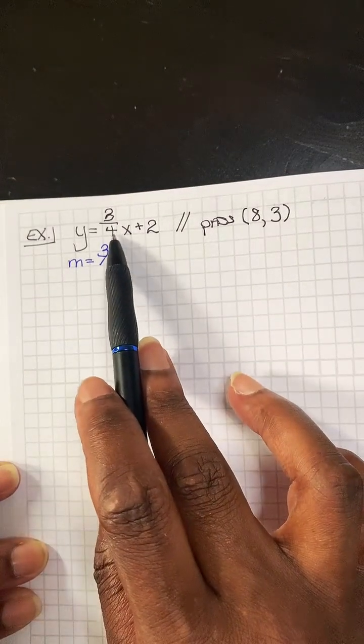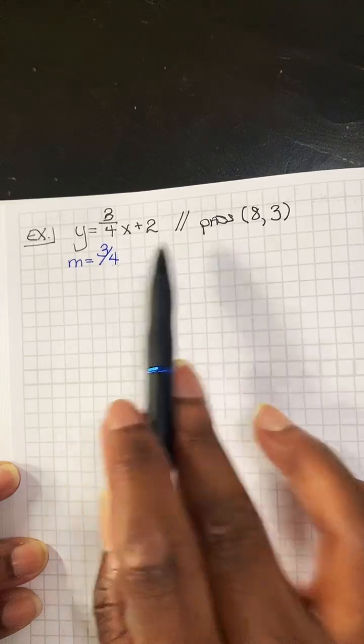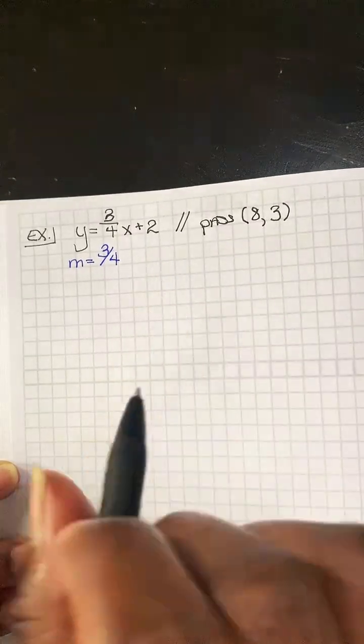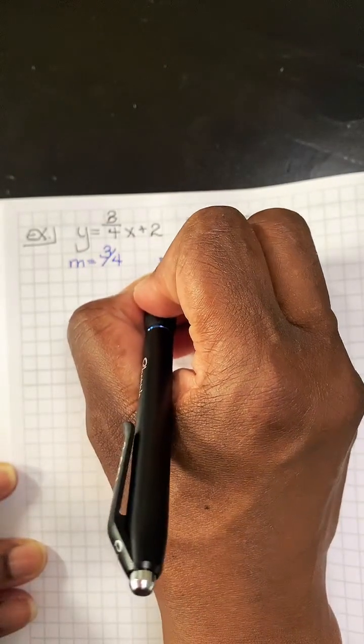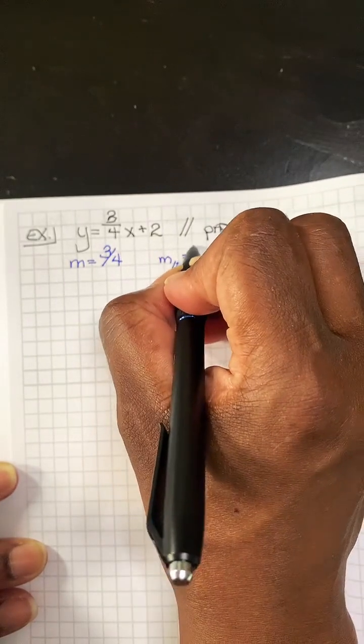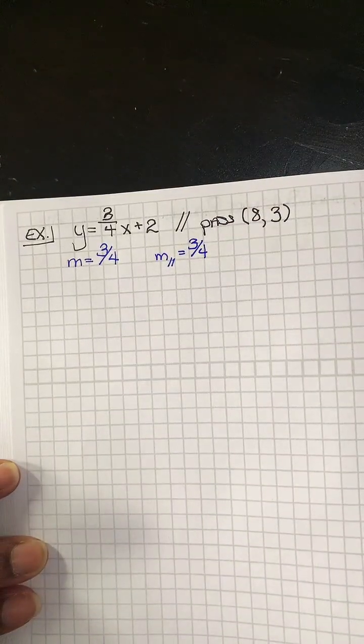All right. So we always get that coefficient of your x. That's your m. Now they're saying that the line has to be parallel. So that means the slope of the line that we're looking at is also going to be 3/4. So that's helpful.